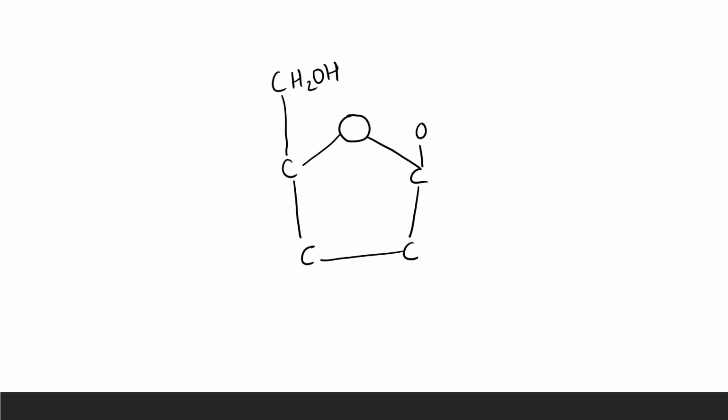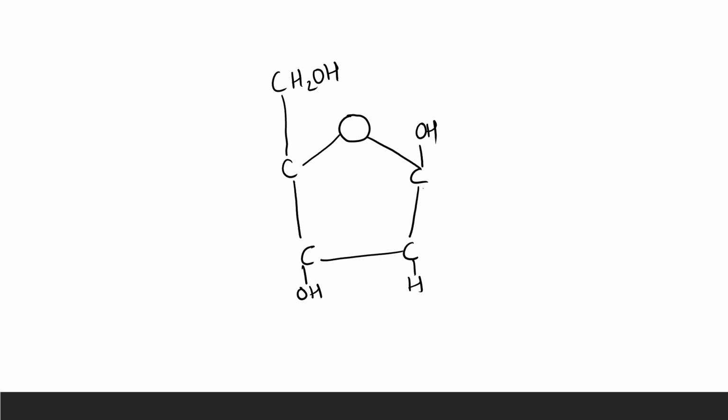Here we have an OH group, and here also we have an OH group. Oh, sorry, we have H only, right? Here we have H, and here we have OH, and this is CH2OH, right? Okay, now this is a deoxyribose sugar.